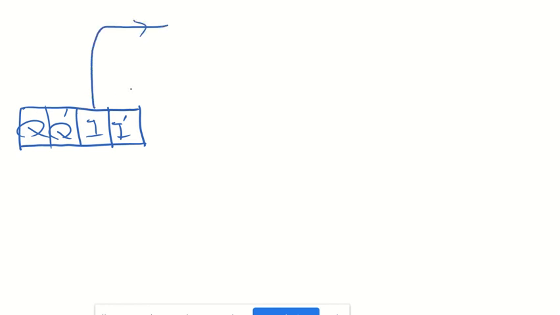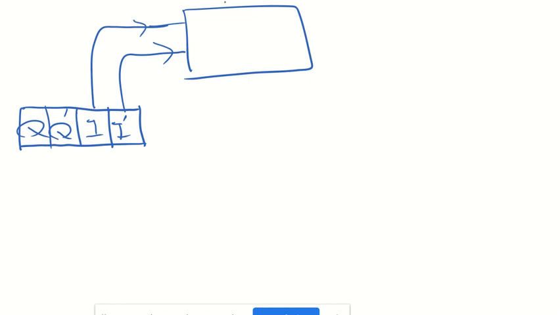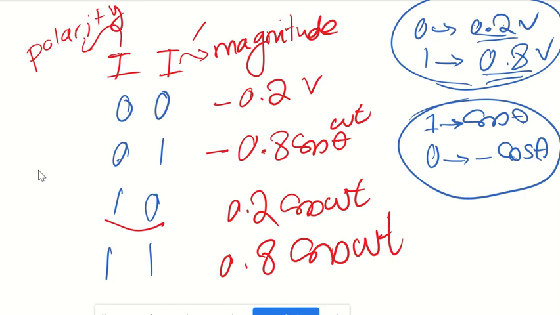As I said, I'm sending 4 bits with a shift register, and you already know what a shift register is from your digital course. 2 of the bits are sent to this module called a 2 to 4 level converter, just because you have 2 bits and you can have 4 different combinations, right?